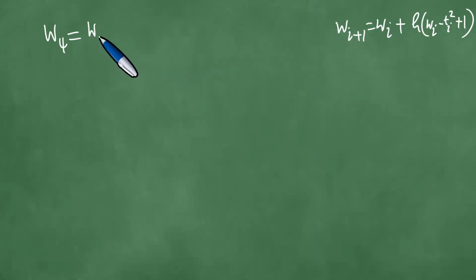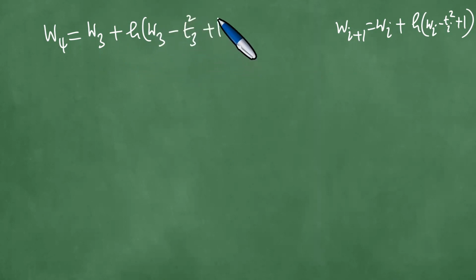So this one is W3 plus h, and then W3 minus T3 squared plus 1. Now let's analyze this carefully and see what this is actually going to give us.